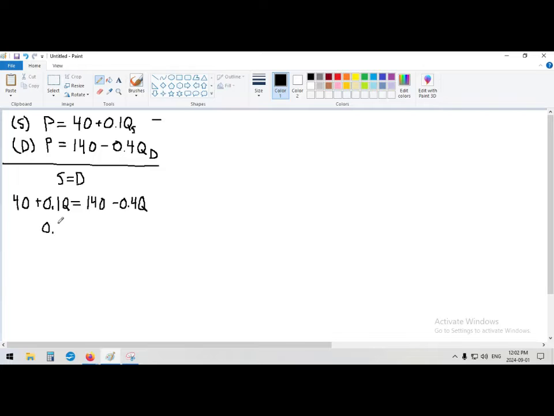We have 0.5 Q, and if we move that 40 to the other side, we get 100. Multiplying both sides by 2, we get a market quantity in our competitive equilibrium of 200 units.